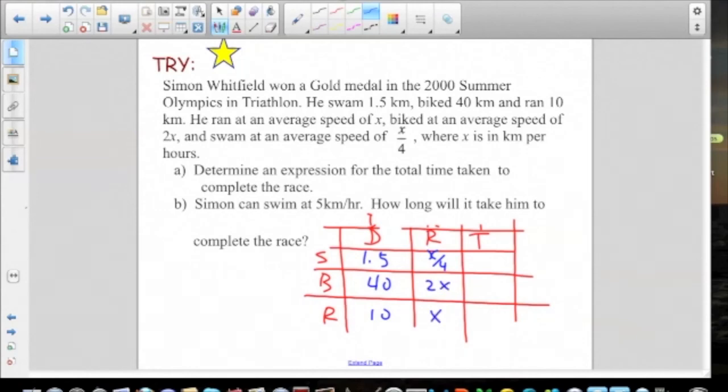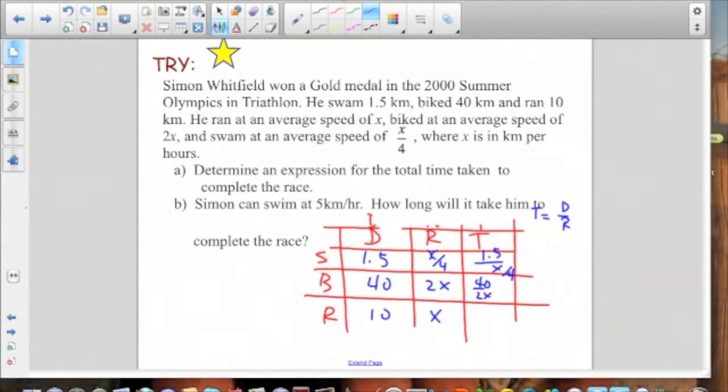Now, remember, time equals the distance over the rate. So we have 1.5 over x over 4, 40 over 2x, and 10 over x.